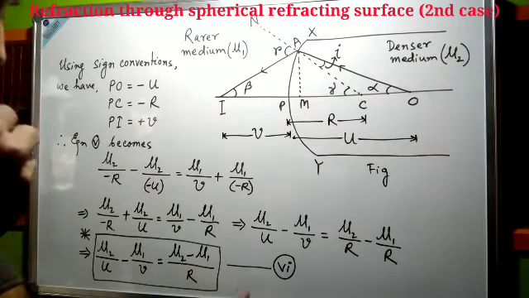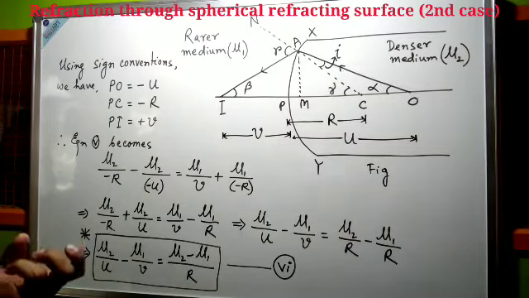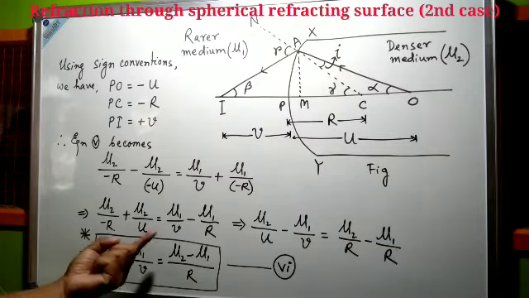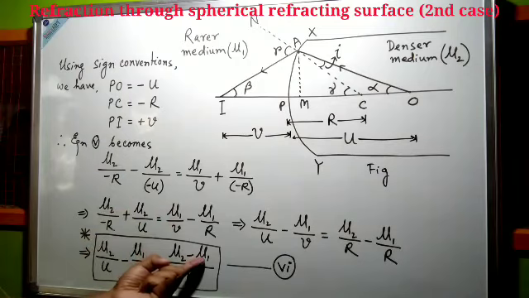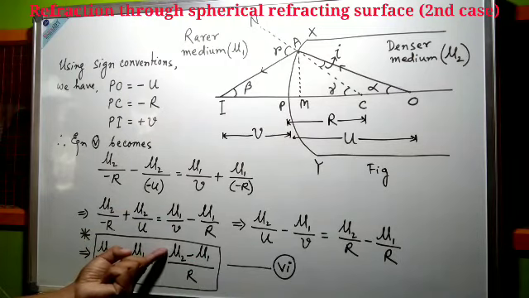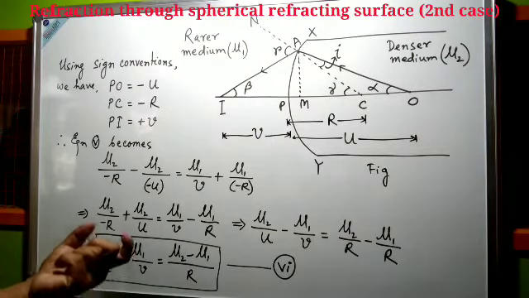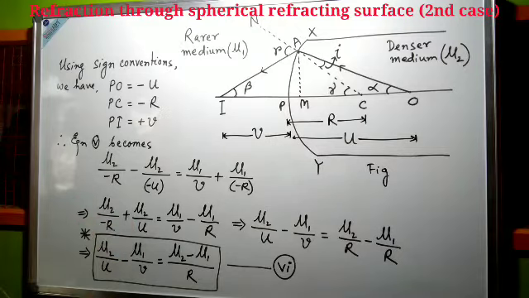So this equation 6 represents the relation between object distance u, image distance v, radius of curvature capital R, absolute refractive index of rarer medium mu1, and absolute refractive index of denser medium mu2 when an object lies in denser medium.